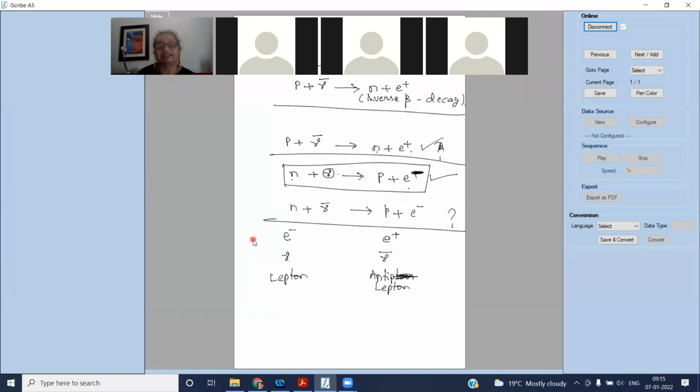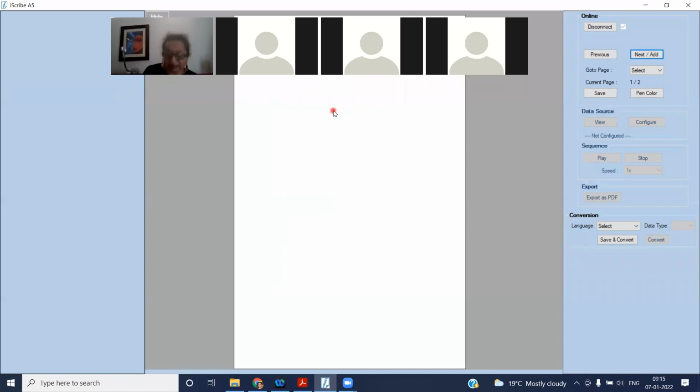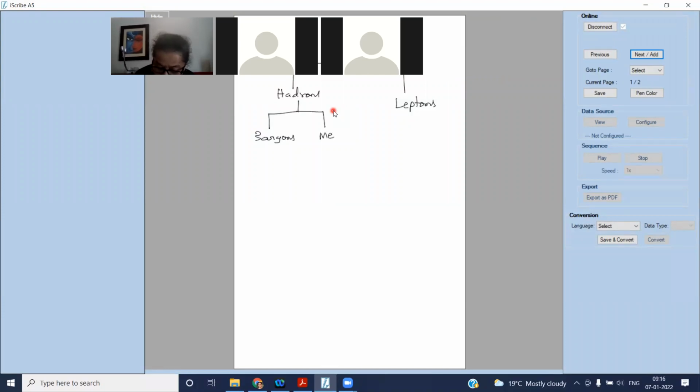So my classification, like how I did earlier, I have to tell you what my classification is now. My classification scheme: I have leptons and hadrons, and amongst hadrons, I have baryons and mesons. Baryons are proton and neutron, and mesons are pi plus, pi zero, pi minus.